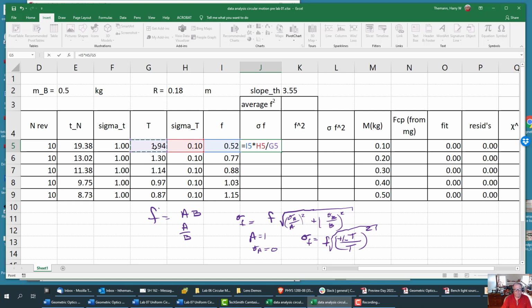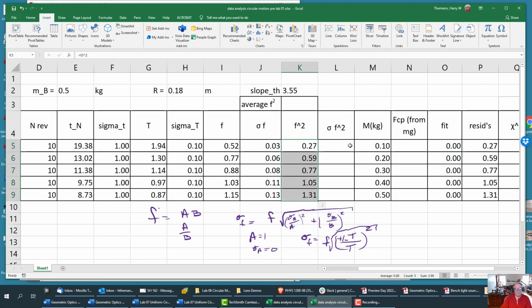Pretty straightforward. So now I have that. And the square is pretty easy too, equals the frequency squared. And then there we go.